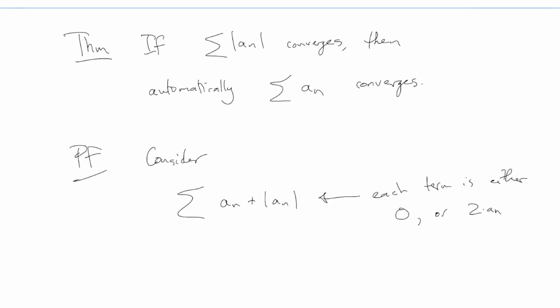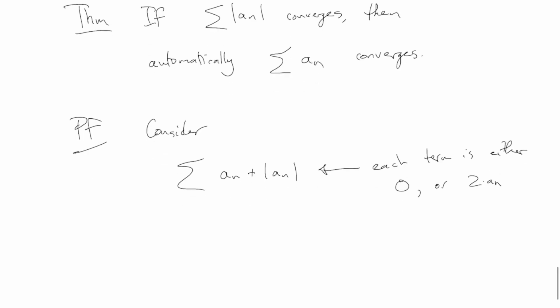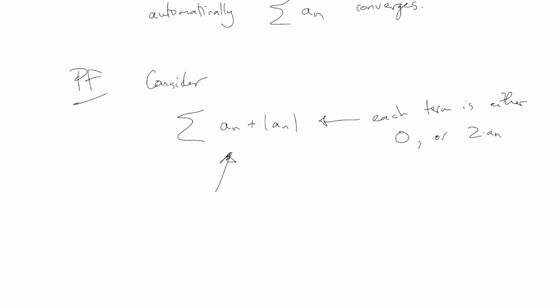Each term is either 0 or 2 times an. So one thing we can say about this is that all terms are greater than or equal to 0, right? Because each term is either 0 or 2 times an when an was positive. So that means we can use the comparison test on that series.